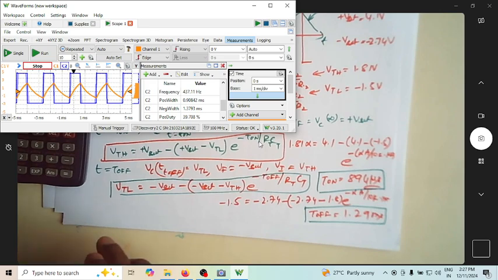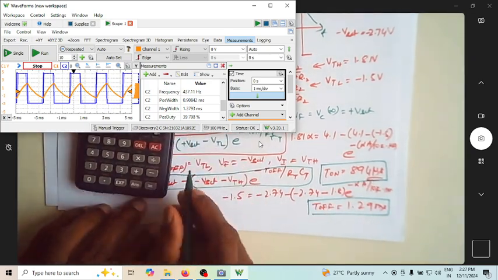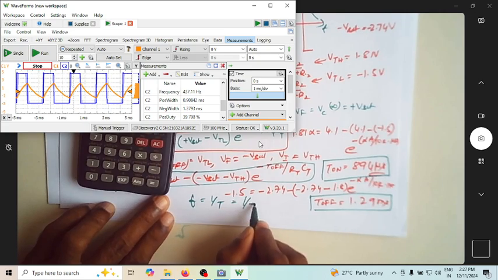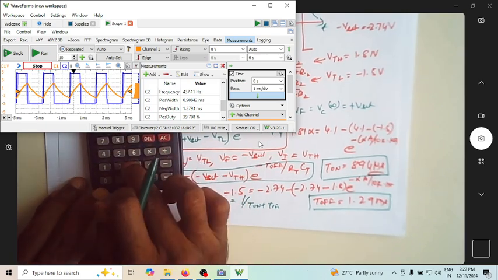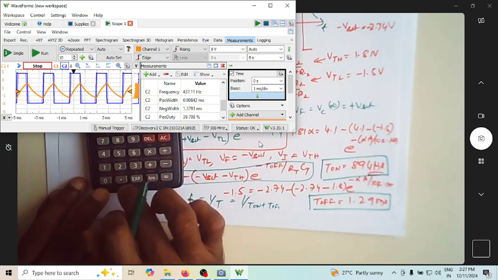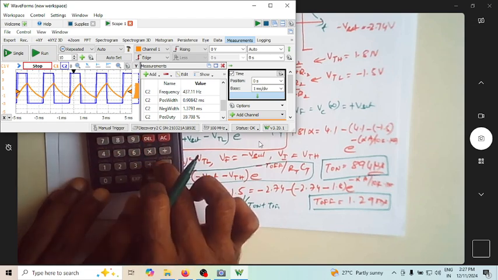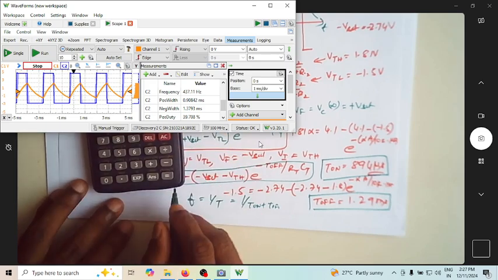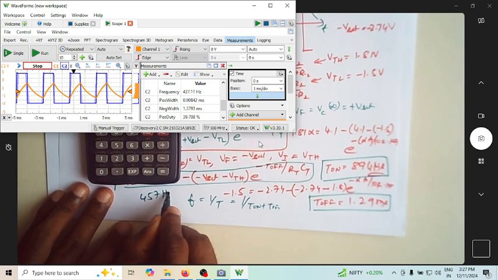If I find the frequency as per this, frequency is equal to 1 over T, which is 1 over T on plus T off, which is 1.29 exponential minus 3 plus 0.894 exponential minus 3. One over that is a frequency of 457 hertz.